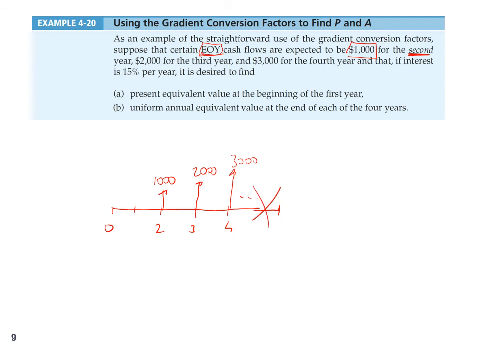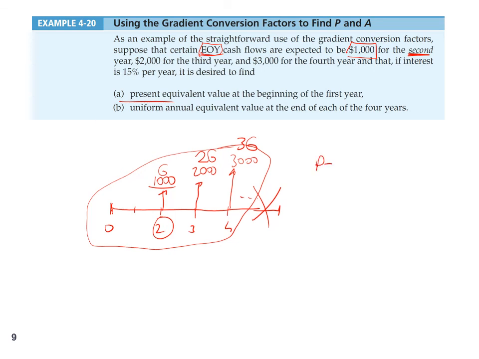Okay, so we want to find the present value, and look at this structure. It is just the gradient series. You don't need to convert anything. The initial amount is G, the second one is 2G, the third one is 3G, the first payment occurs at the end of year 2, and we want to find the present value at time 0.